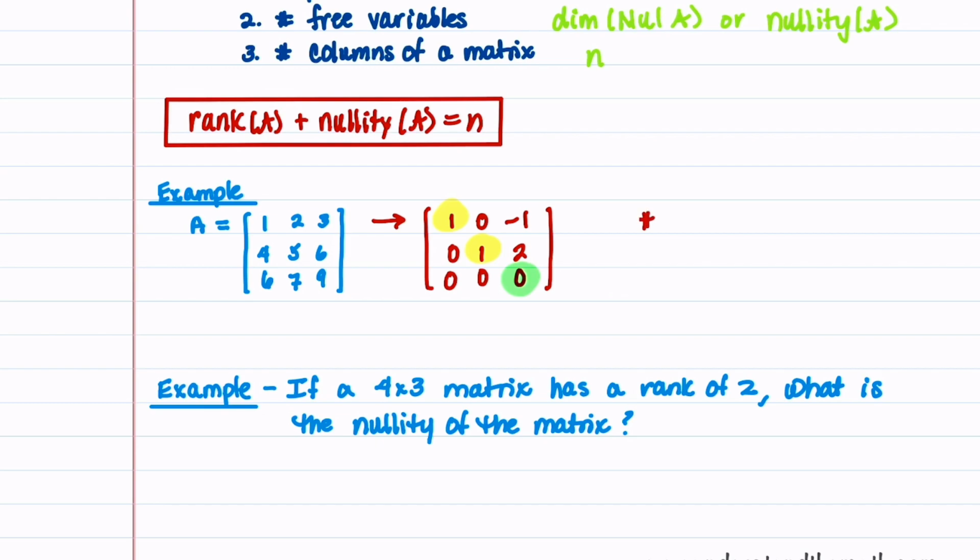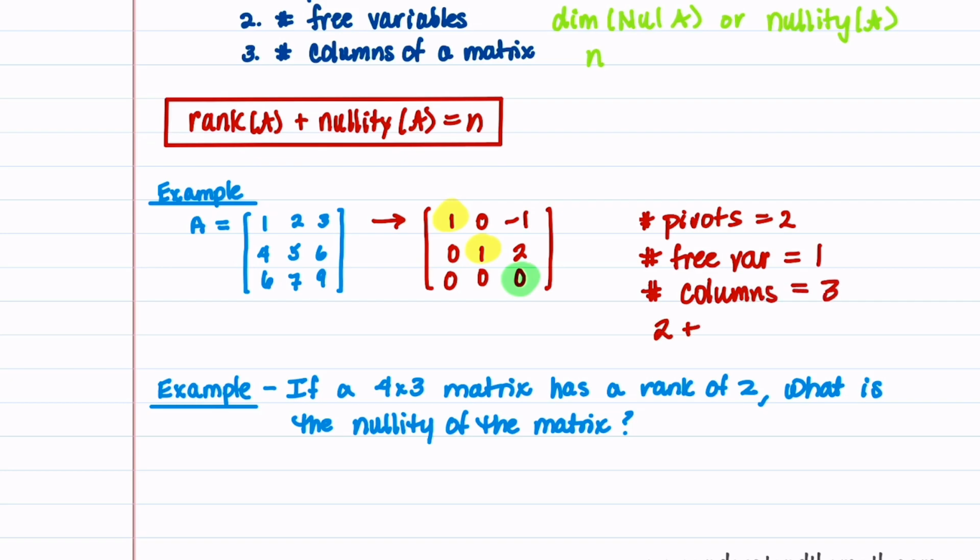So our number of pivots is equal to 2. Our number of free variables is equal to 1, and our number of columns is equal to 3. So our pivots plus our free variables equals our number of columns.